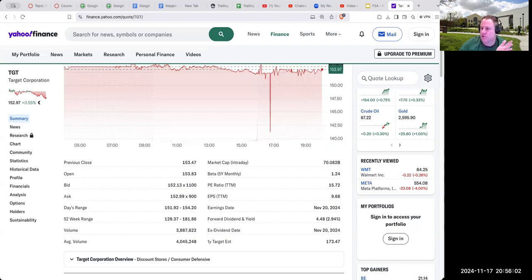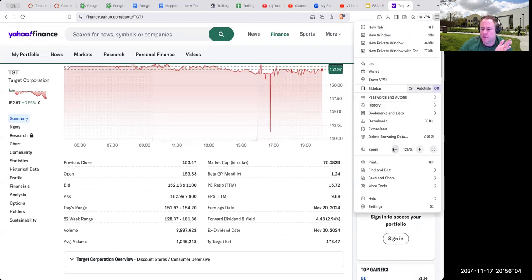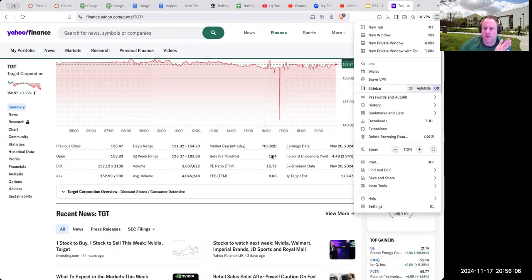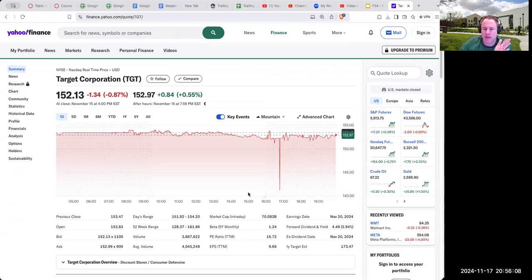So that's something to go ahead and look at. Right over here for Target, I'll go ahead and basically copy this. When we see PE ratio and EPS, what exactly does that mean?